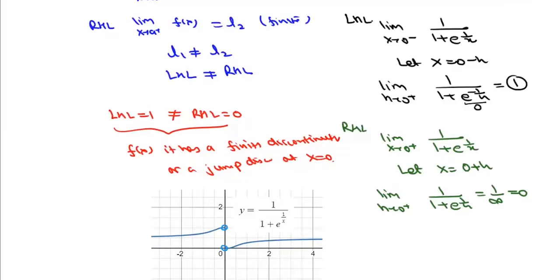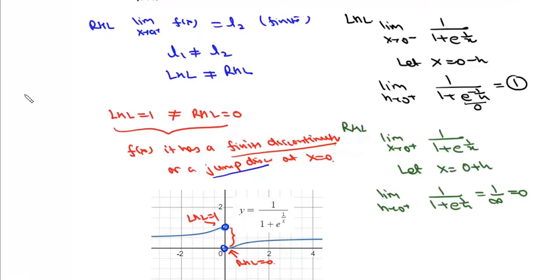So in this case, this left hand limit is equal to 1, and this right hand limit is equal to 0. And as we can see in this case, this difference between left hand limit and right hand limit is finite, therefore it is called finite discontinuity. Or there is a jump between the values of limits, and therefore it is called jump discontinuity.